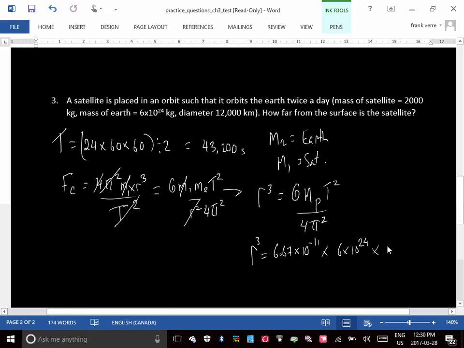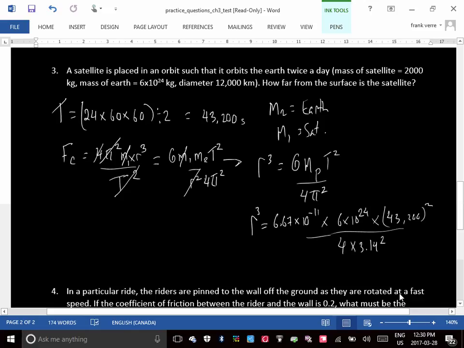The period is 43,000, squared, over 4 times 3.14 squared. Remember, you're taking the cube root of this. So what would R be? What'd you get for R?